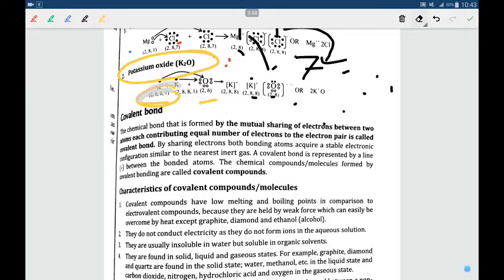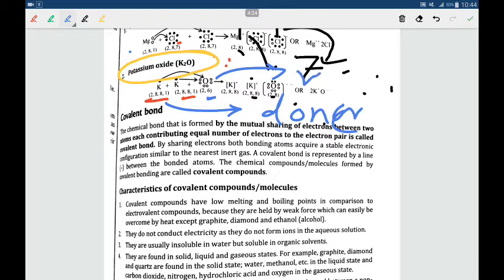Let me show you the 2 potassiums here. So here is 1 potassium, here is another potassium, 2. They donate electrons to oxygen. Here, potassium is the electron donor.